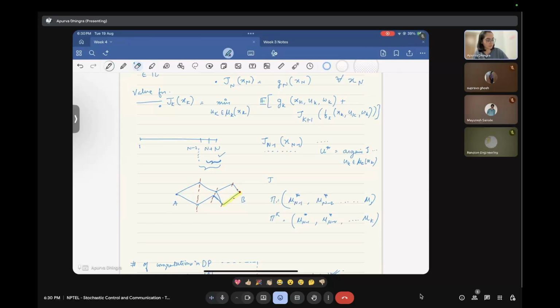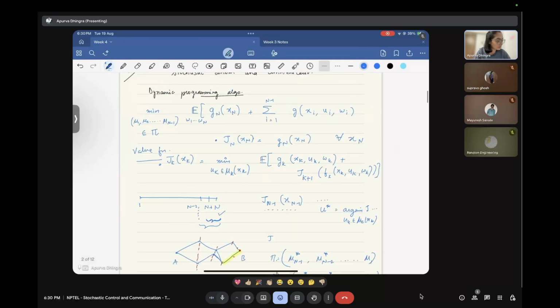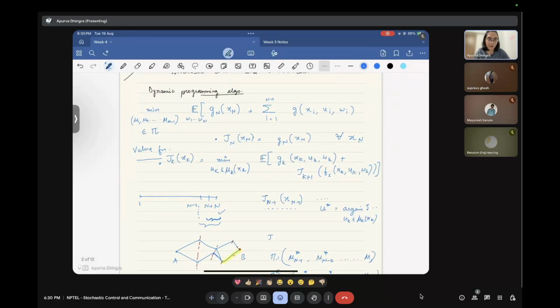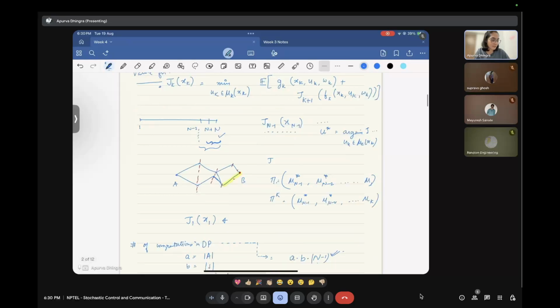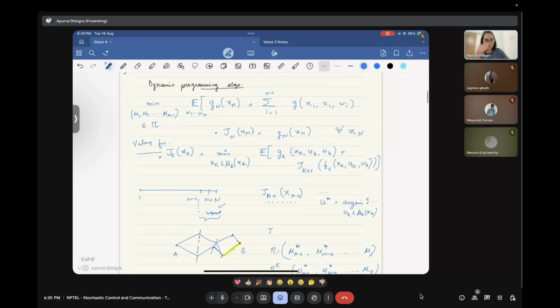At the end of this process, once we have reached J1 of x1 for all the possible states, what we would have is the optimal solution. Note, I started from 1; in the lectures I think I started from 0.